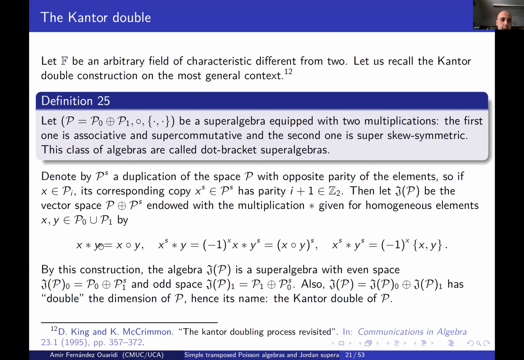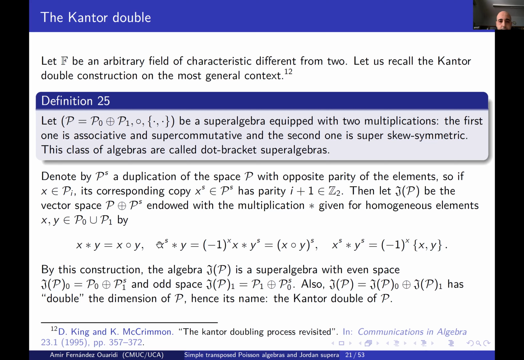So x star y will be the circle of x, y, x copy star y copy will be the bracket of x, y with this sign here.